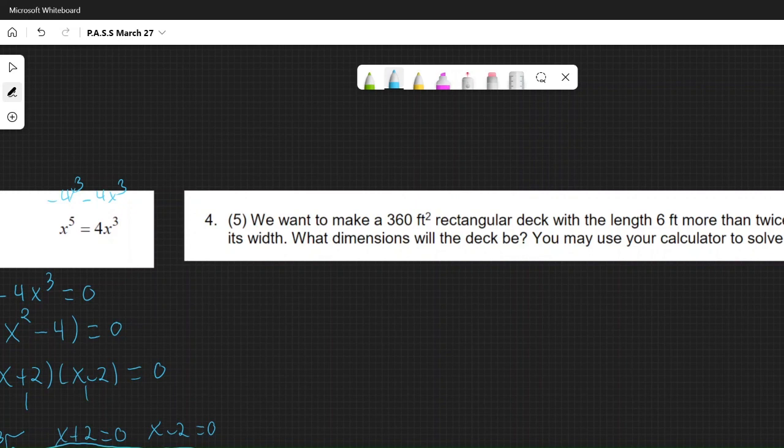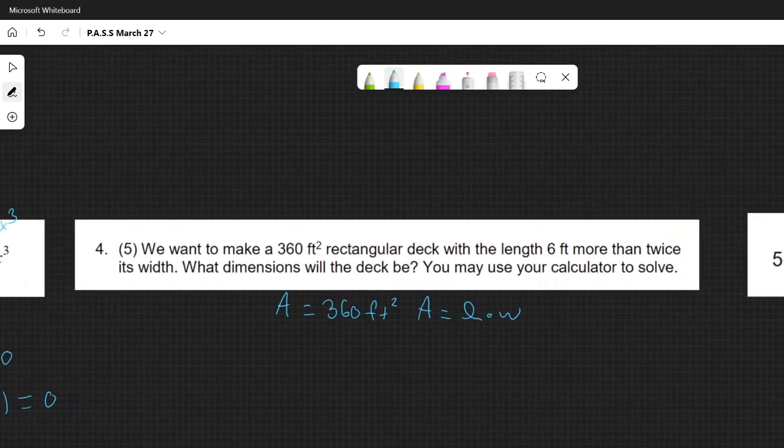So first, I like to start these questions by just writing down everything that we know and then drawing a diagram. So we know the area equals 360 feet squared. We also know that the area of a rectangle equals the length times the width. And we know that the length is 6 feet more than twice its width.